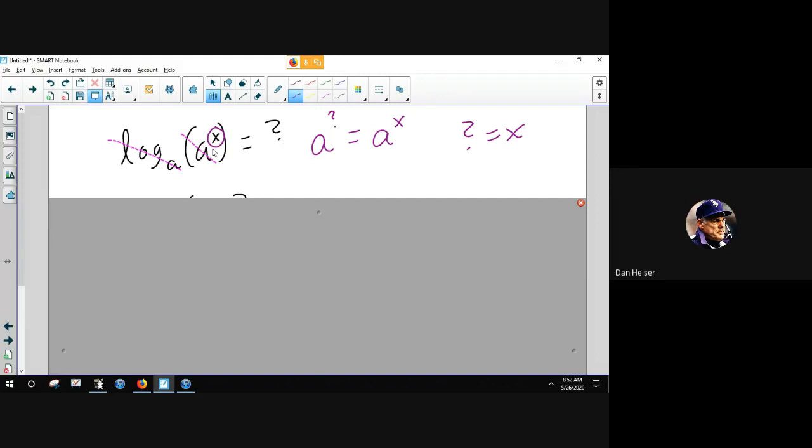Log base A cancels a base A. That's essentially what that means. Log base 5 of 5 cubed equals 3. In other words, 5 to what power equals 5 to the third? That's pretty obvious it's 3.